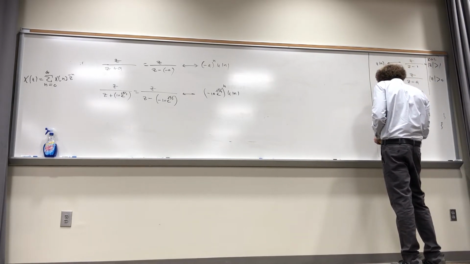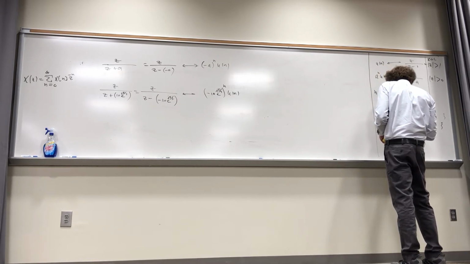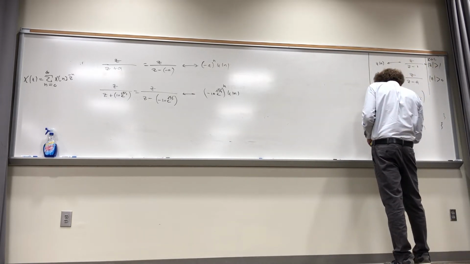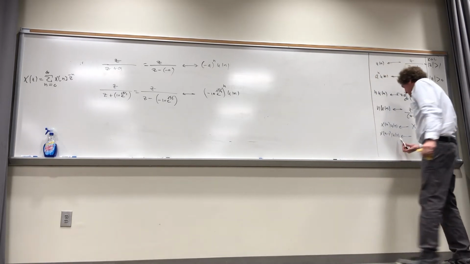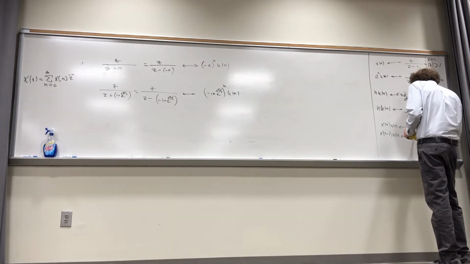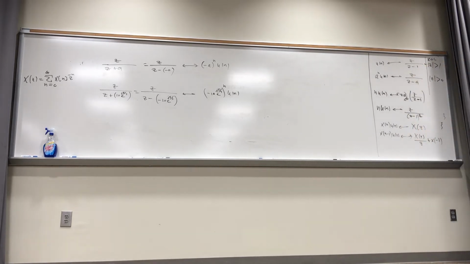If I had x of n times u of n, and it went to x of z, then x of n minus 1 u of n, now remember this is u of n right there, that actually goes to what? That went to x of z divided by z, plus x of minus 1. Do you all remember that, class? Isn't that right? Because this is a u of n here, right? How many remember this?